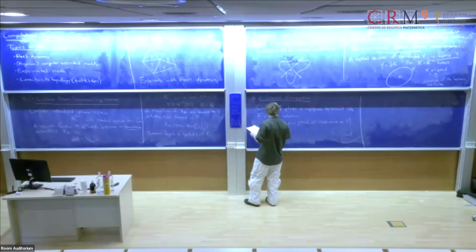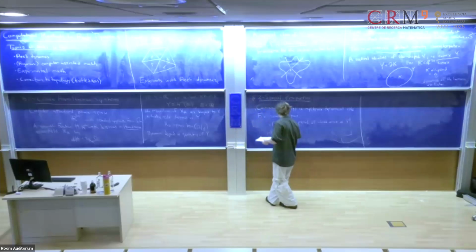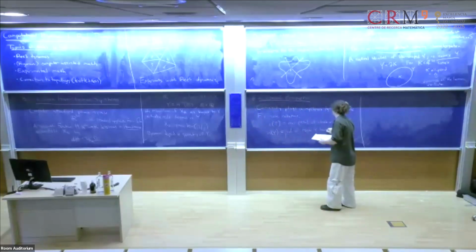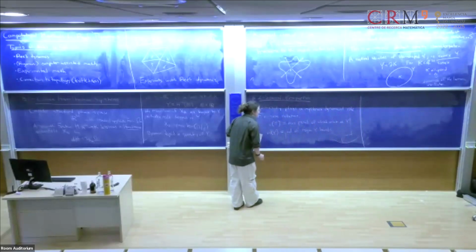What we have next is the volume. This is either the contact volume of Y, or you can just think of it as the volume of the region that Y bounds. And the last one, I'm not really going to go into detail on, since it's not the focus of my talk.